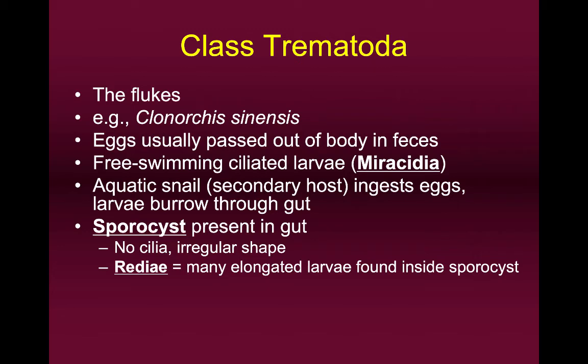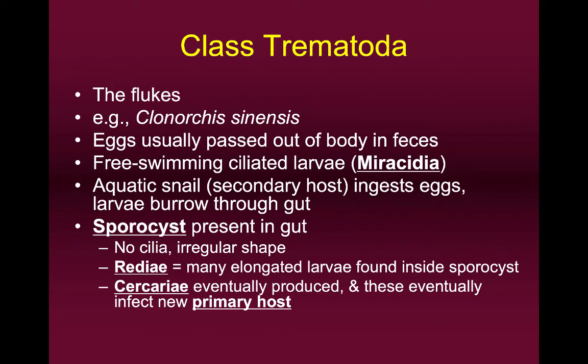It's kind of in the middle of complexity. Now the redia, once they're mature enough, are going to transition into the last stage of the parasite, in the immature stage at least, called the cercaria. Cercaria is singular, cercariae is plural. So cercariae are then going to be able to infect or infest the next host.